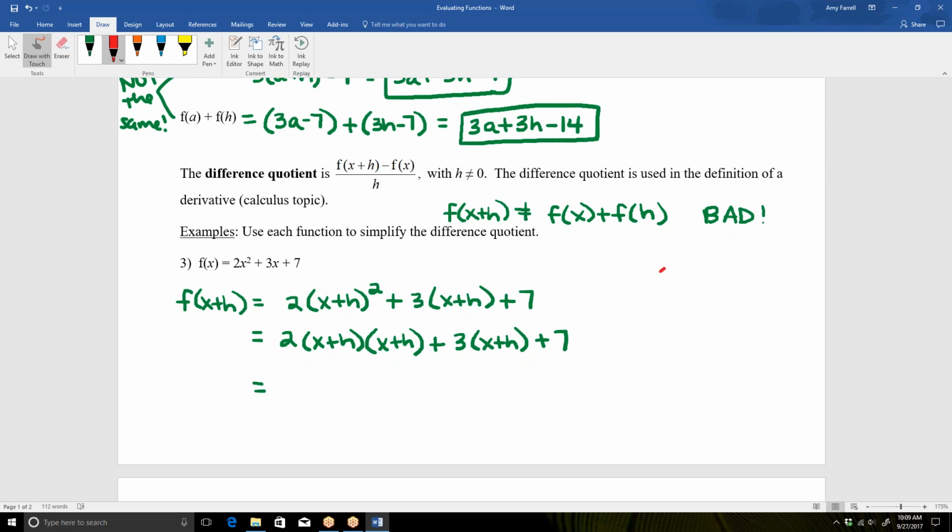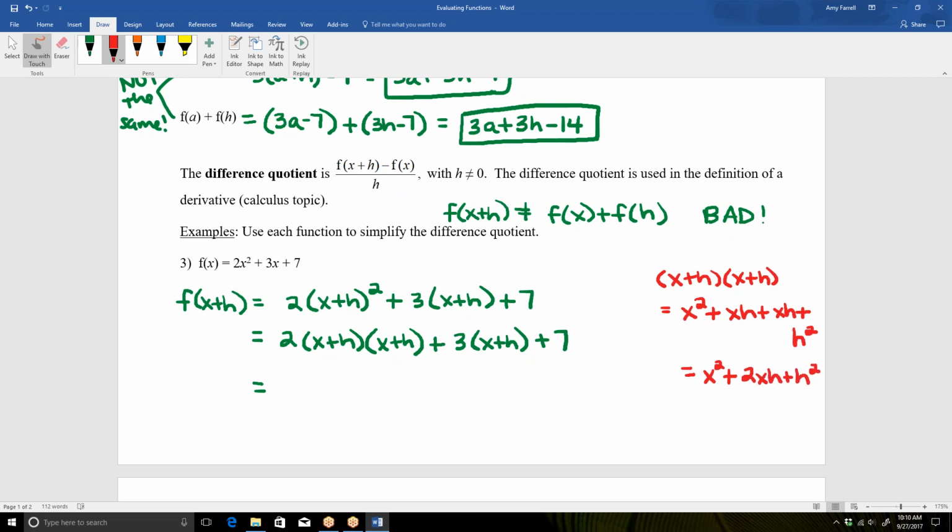Okay, so over here, I'm going to take x plus h times the quantity x plus h. And I'm going to get x squared plus xh plus xh plus h squared. Sorry, running out of room here. And that's equivalent to x squared plus 2xh plus h squared.